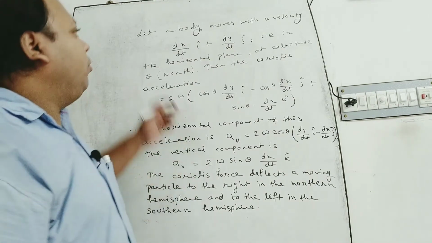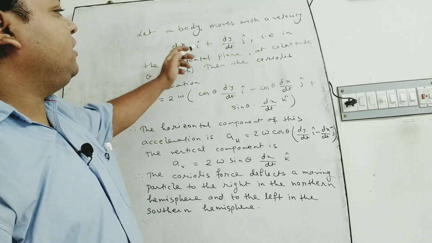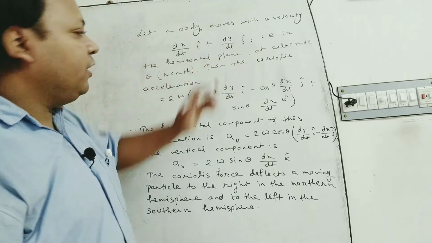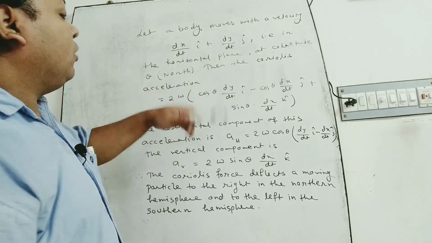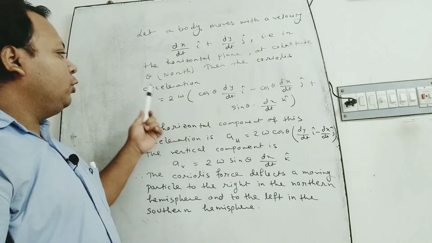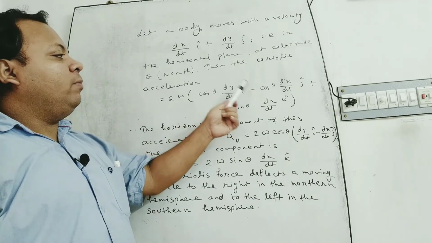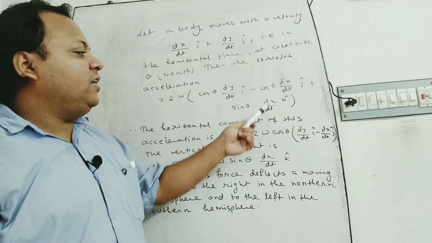Let a body move with a velocity dx dt i cap plus dy dt j cap, that is, in the horizontal plane. At co-latitude theta, the Coriolis acceleration is 2 omega whole into cos theta dy dt i cap minus cos theta dx dt j cap plus sin theta dx dt k cap.